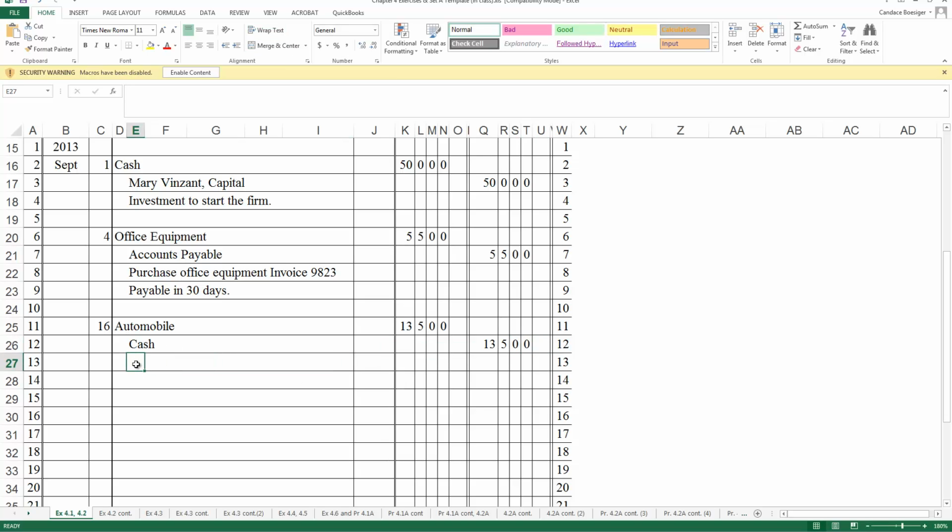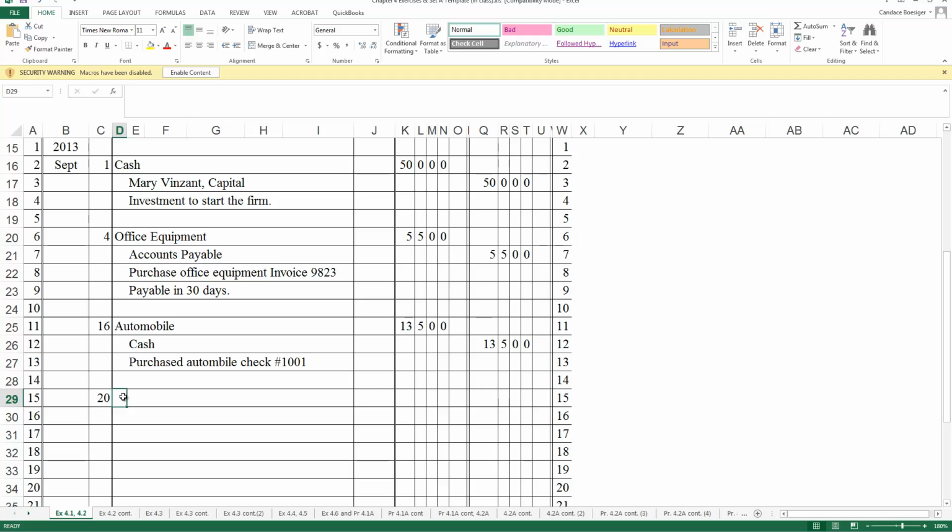And then this next part is purchased automobile, check number 1001. Remember, our descriptions need to be such that someone can open up our books and at just a quick glance know exactly what this transaction is about.